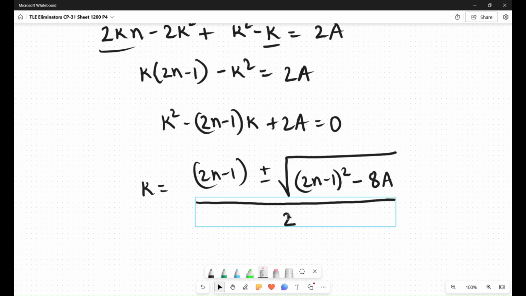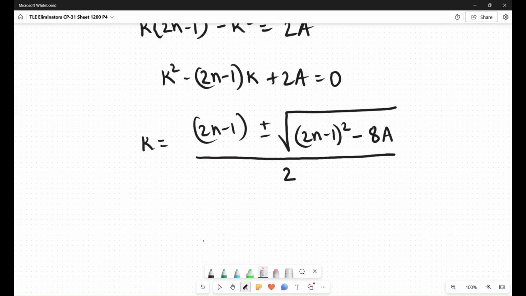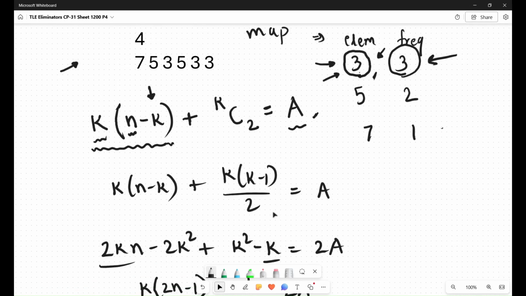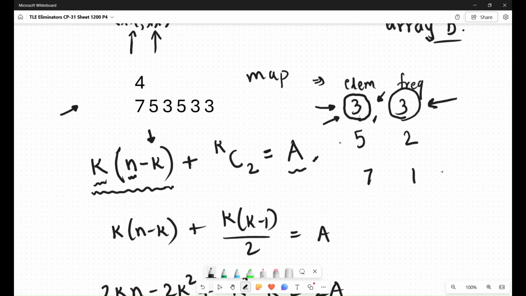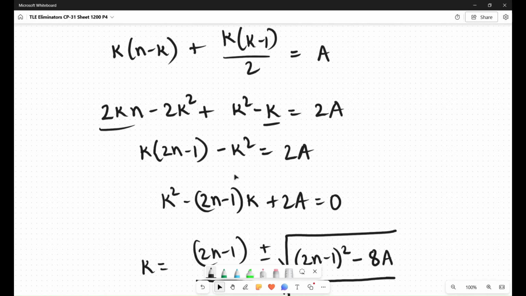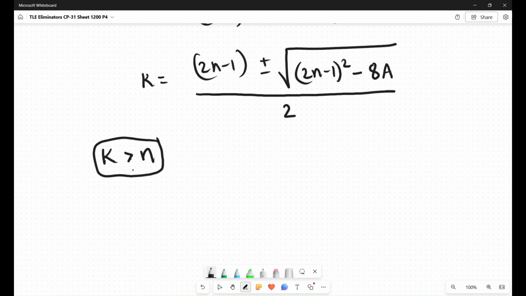Basically there will be some places where your k will be greater than n. So suppose when the element is minimum, when your k is greater than n, then how can you assign k places when there are only n places in the array? So you will reject the greater value of k.